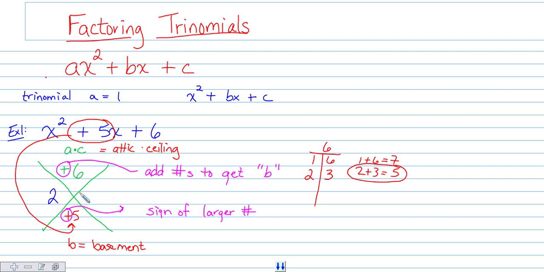So 2 comes here and 3 comes there, and 3 must be positive, and then positive 3 plus 2 is 5, and 2 times 3 is 6. So these are our two factors.